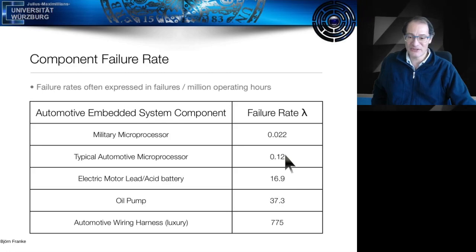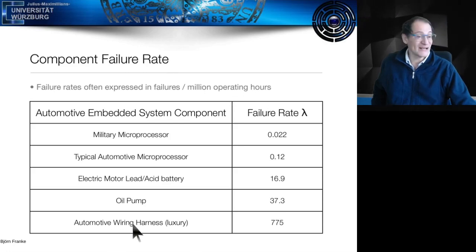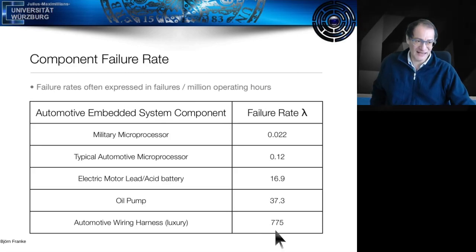We are talking about a factor of 100 higher, or an oil pump, much more complex, 37 errors in a million operating hours, and the wiring, when it breaks, then you have an extreme error rate of 700 failures in 1 million operation hours. So if you have 1 million cars, then 700 car failures per hour. That's really a lot.